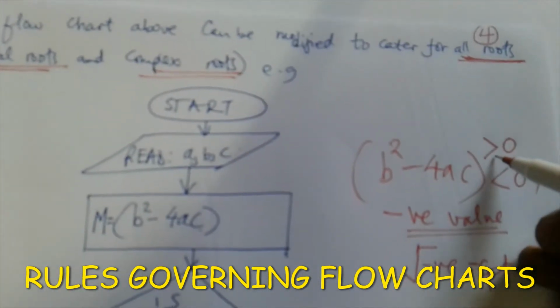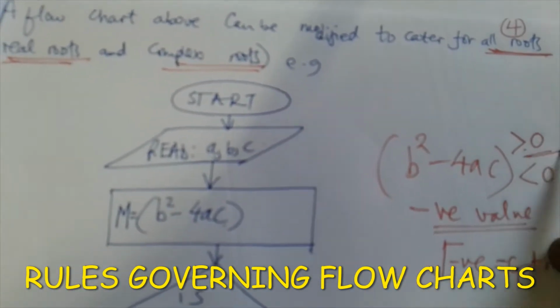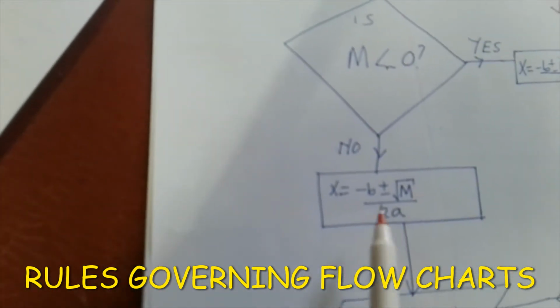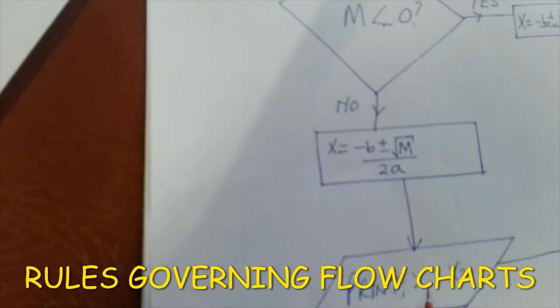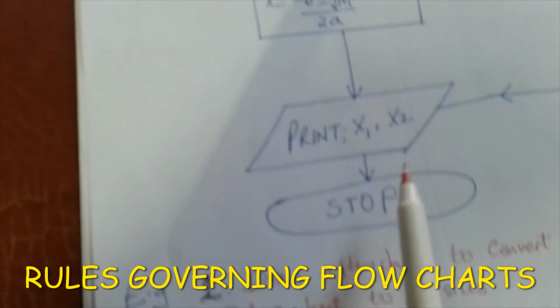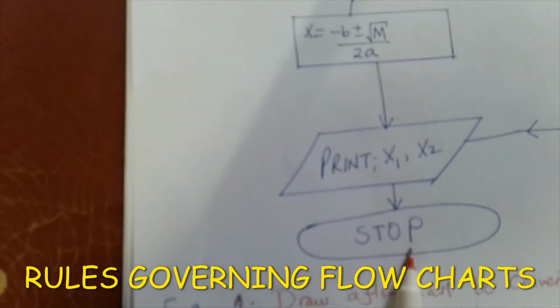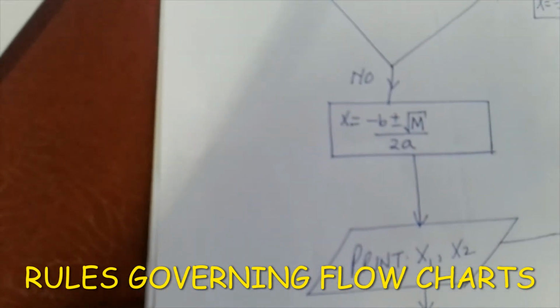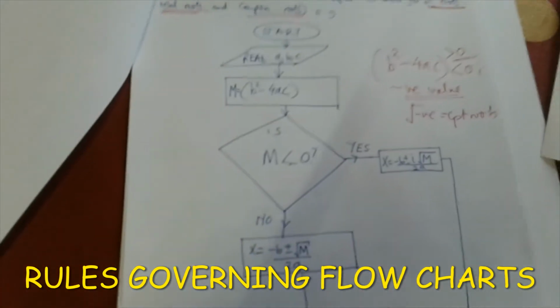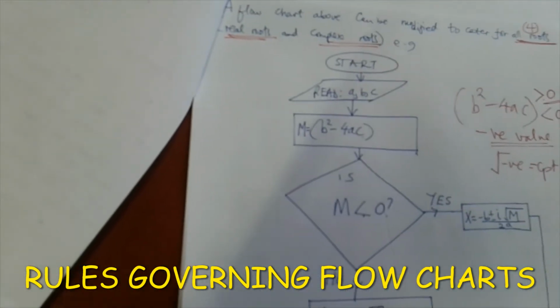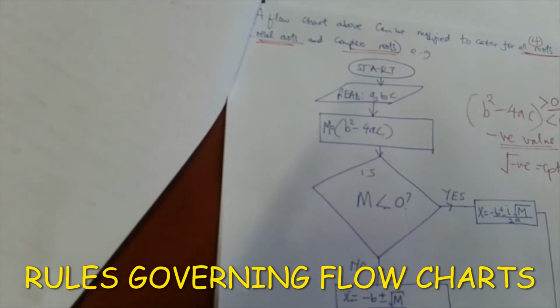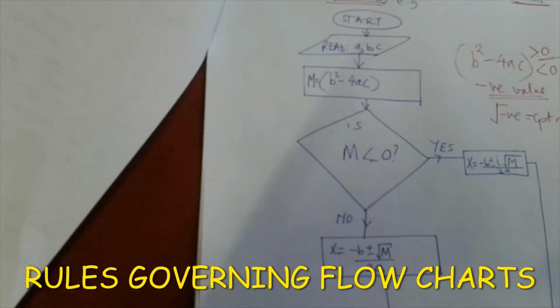If it is greater or equal to 0, it means our values will be real, and therefore we shall print real roots x1 and x2, and therefore the program will stop. So that is how we can have a simple flow chart to solve a quadratic equation.